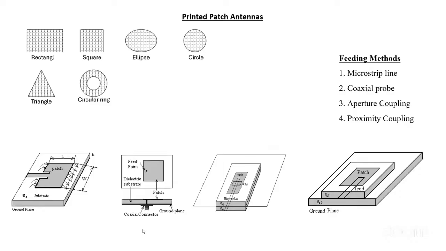Printed antennas can have different shapes like rectangular, square, ellipse, circle, and it can have any shape. Need not be this. For today's topic, I have chosen a rectangular patch antenna, for ease of explanation and to explain how to design this patch antenna easily using MATLAB equations.